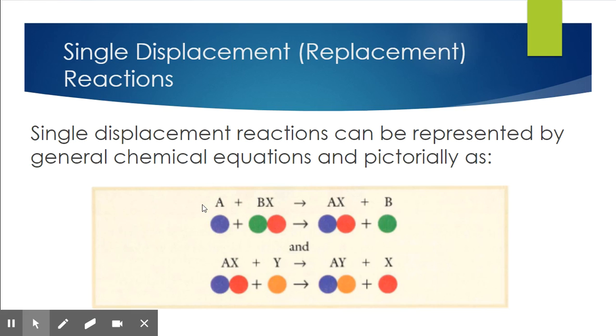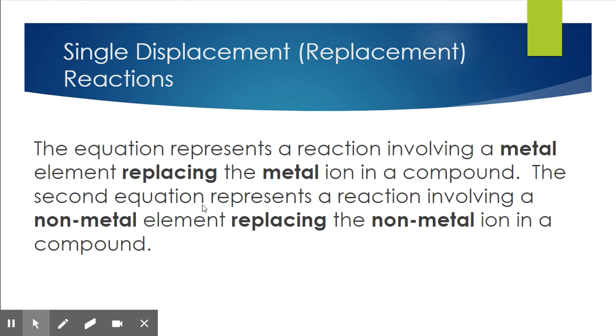Metals can only switch with metals and nonmetals can only switch with nonmetals. So the first equation represents a reaction involving a metal element replacing the metal ion in a compound, and the second equation represents a reaction involving a nonmetal element replacing the nonmetal ion in a compound, which I guess I just went over with you.